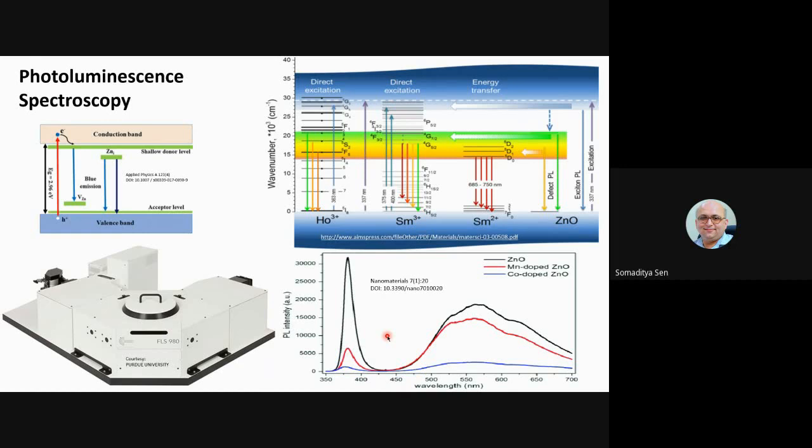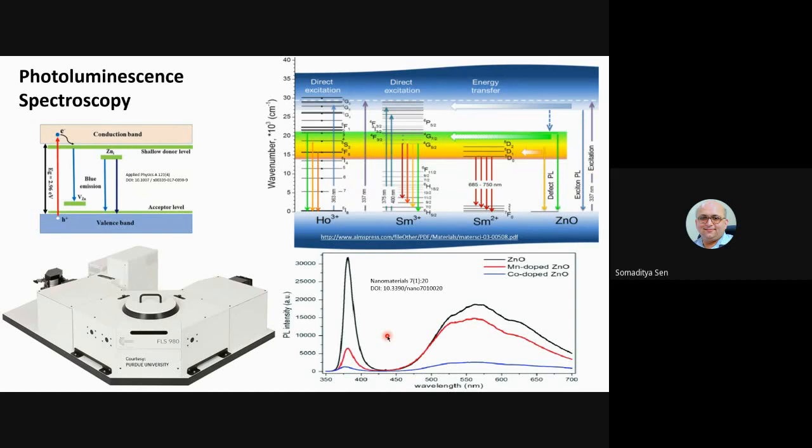Okay, now let us come to the doping case. Suppose you have a zinc oxide, you have a transition from the valence band to the conduction band by illuminating it with some light, and then when it comes back, it radiates the same light, which corresponds to the band gap, right?